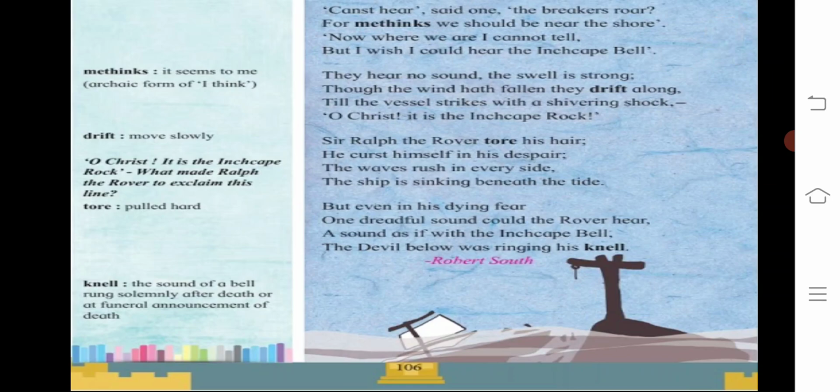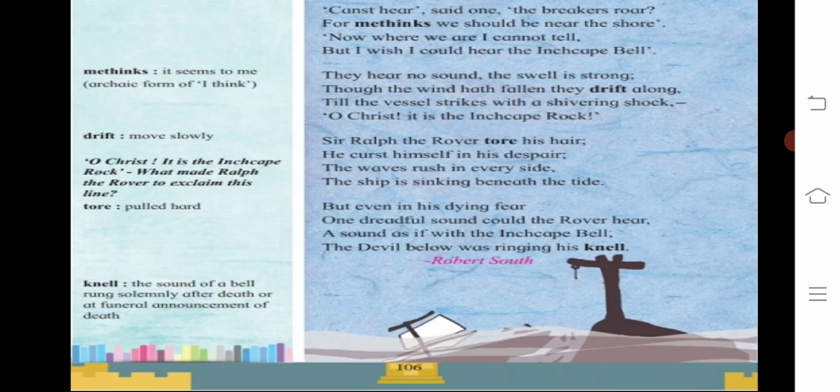Once there was a great shivering shock for the vessel when it struck something, and they themselves realized that, oh Christ, it is the Inchcape rock. By this shivering shock, everybody on the vessel understood what it was. The great shock was because of Inchcape rock. Their own ship is being wrecked because of Inchcape rock.